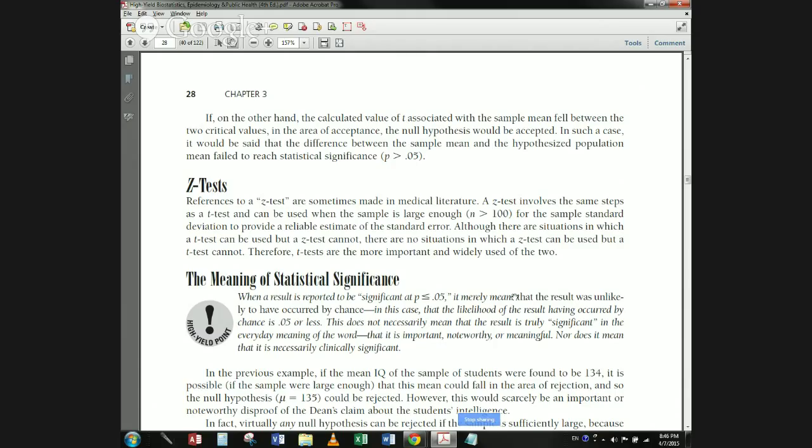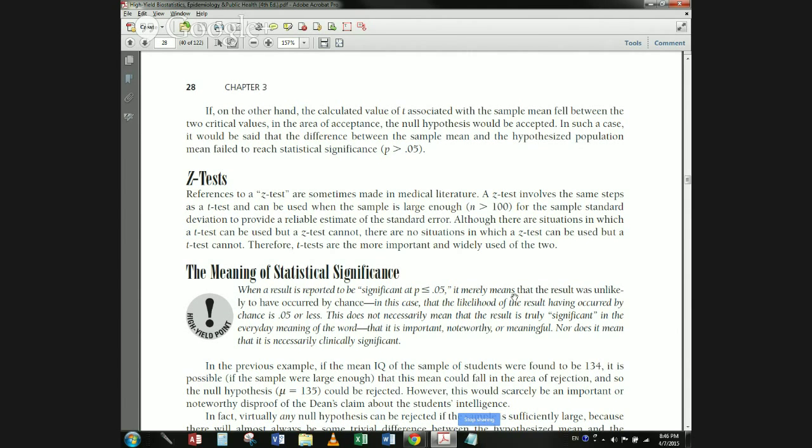In the previous example, if the mean IQ of the sample of students were found to be 134, it is possible, if the sample were large enough, that this mean could fall in the area of rejection, and so the null hypothesis mu equals 135 could be rejected. However, this would scarcely be an important or noteworthy disproof of the dean's claim about the students' intelligence.